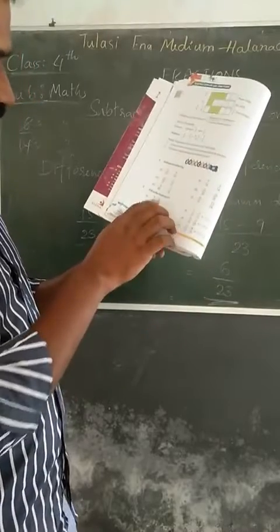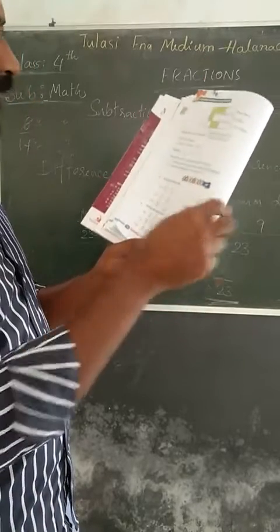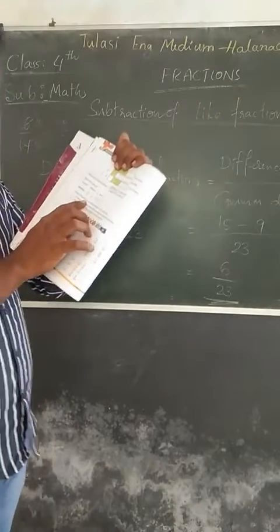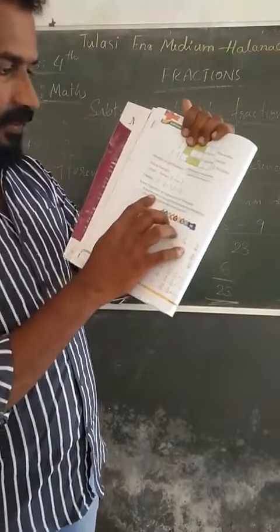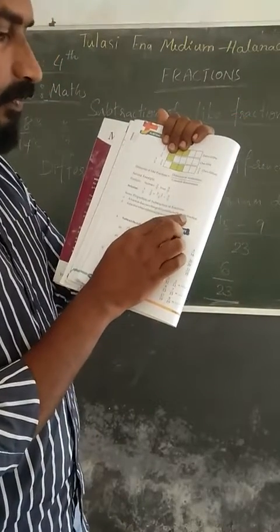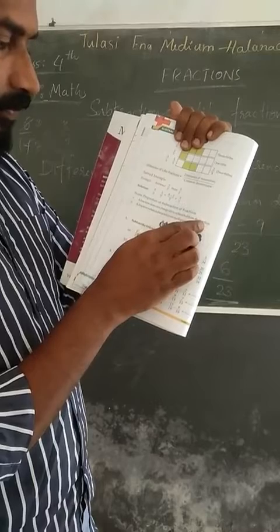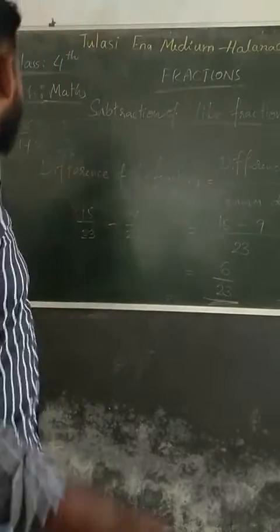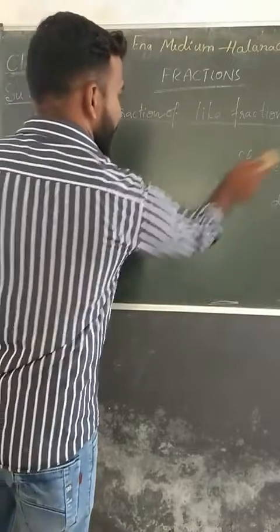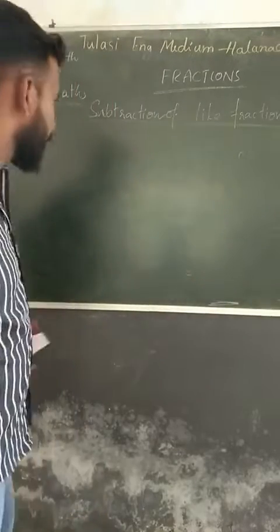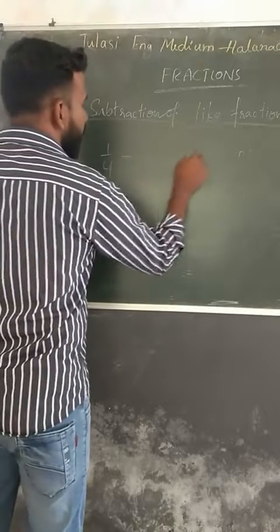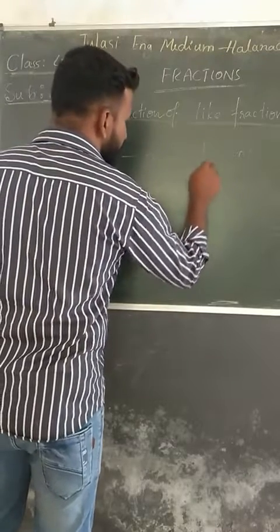Fill in the blanks. Follow the same method. But here some properties are given. A fraction does not change if 0 is subtracted from the fraction. 1 by 4 minus 0 is equal to 1 by 4.